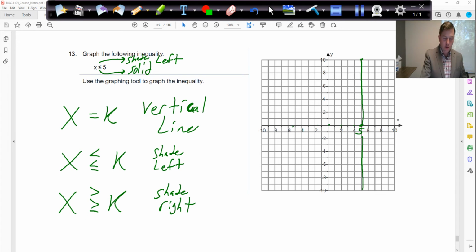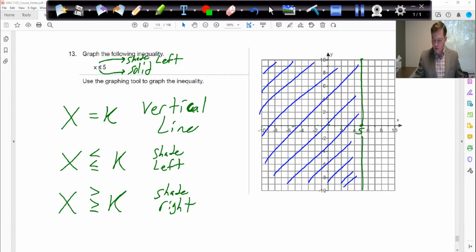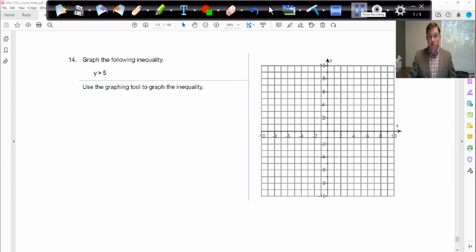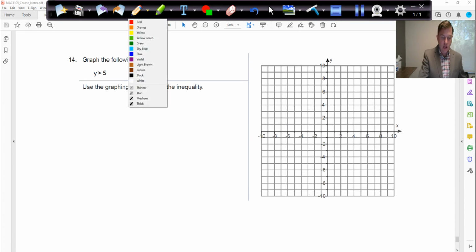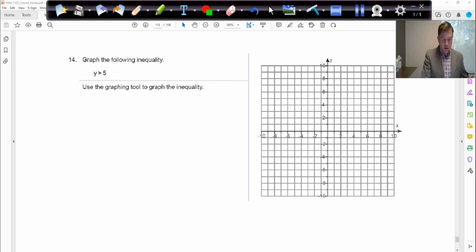So any number to the left of this is going to work. So we take all of this over here. Okay, so not too bad. It's just I find students sometimes forget, what does it mean if I have just an x, no y? That's going to be a vertical line. Okay, then what do you suppose y equaling a number is with there's no x? So you might recall if y is equal to some number k, that's a horizontal line.